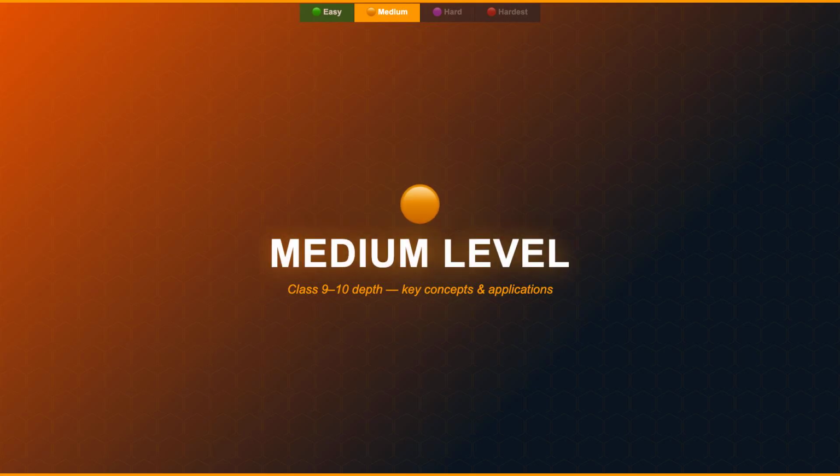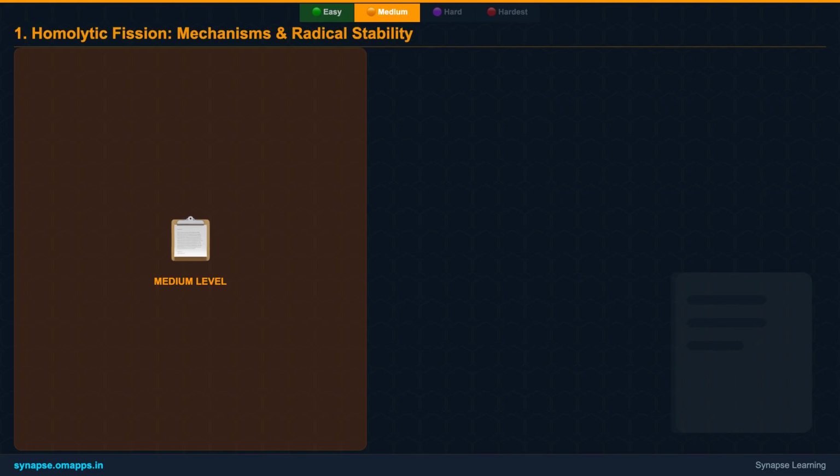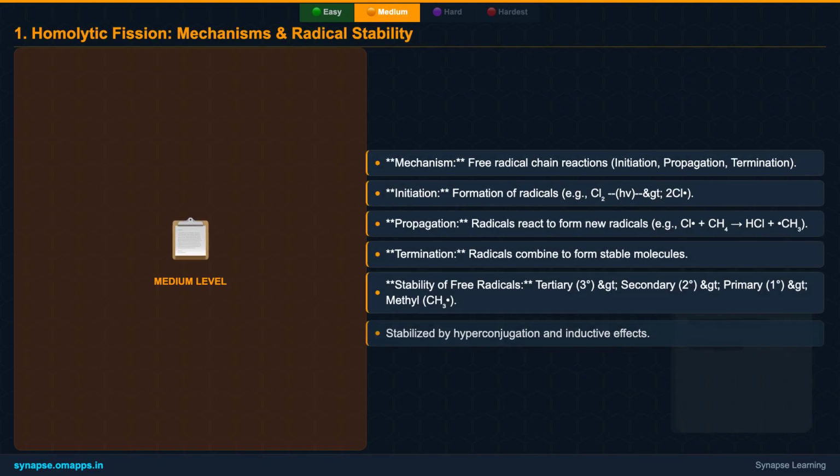Let's explore the mechanisms behind these bond fissions and what makes the resulting intermediates stable. Homolytic fission is the hallmark of free radical reactions, which often proceed through a chain mechanism: initiation, propagation, and termination. The stability of the free radicals formed is crucial.